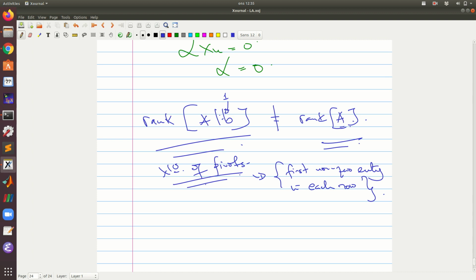Okay, so if the rank of the augmented matrix is equal to the rank of the coefficient matrix, then we have consistency there. Now in summary we can say that we are going to have consistency if such never happens, where alpha is not equal to 0.